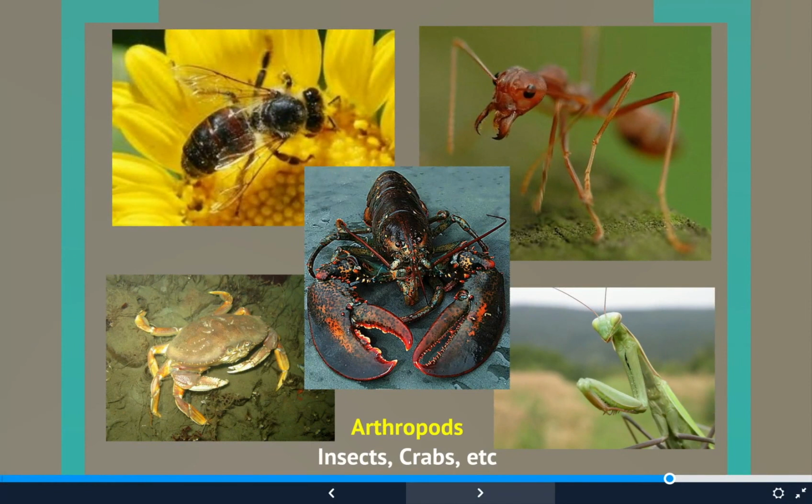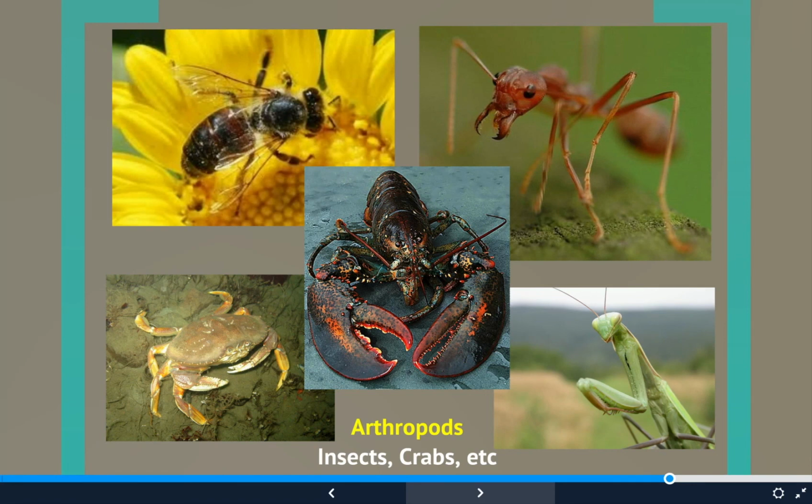Arthropods include anything like insects, crustaceans or crabs, spiders. All of those are arthropods. Things that have exoskeletons. Some of them have 6 legs, others have 8 legs.